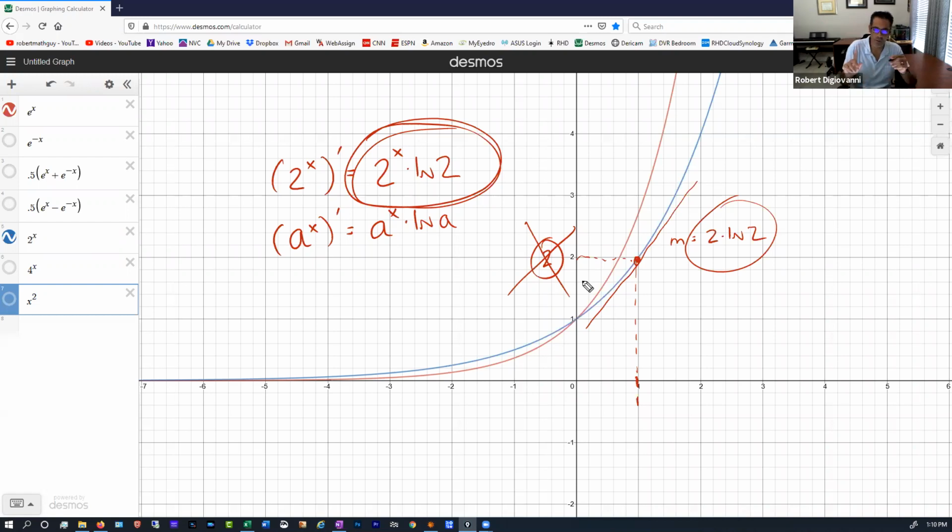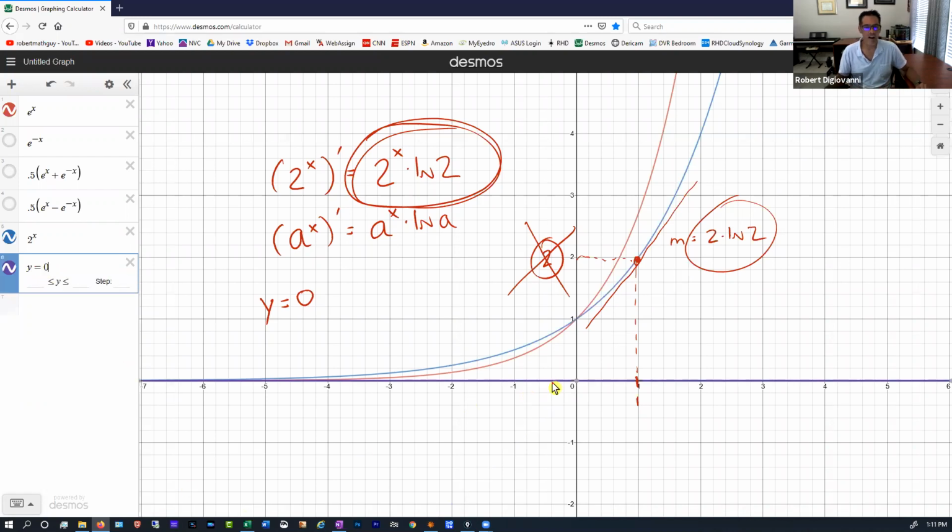Now, I will do a little disclaimer. There is another function that has this property, but the function is y equals 0, or f of x equals 0. If we graph it, it's a very boring function. If we graph 0, y equals 0, there we go.